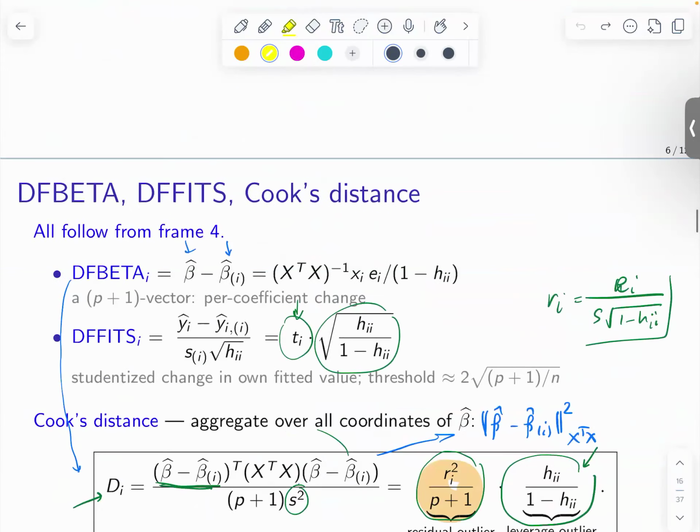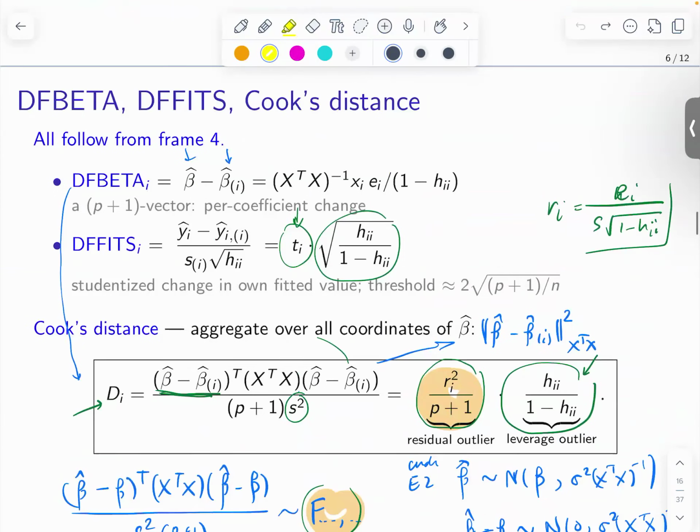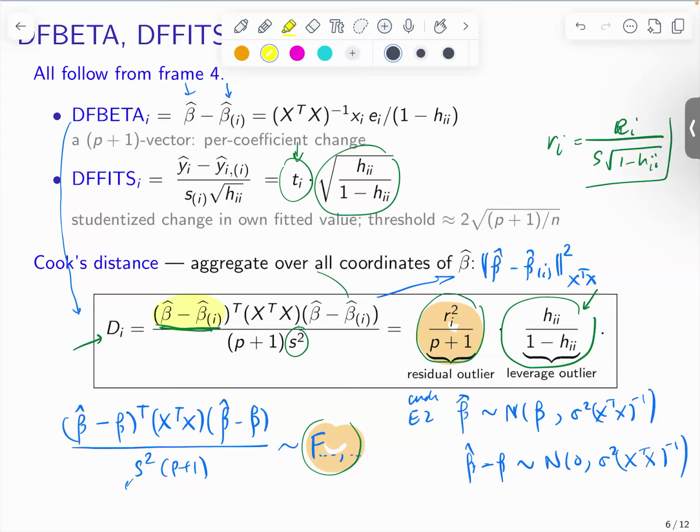There are some ways to summarize this information. One thing that people liked a lot, traditionally, is Cook's distance, which tries to capture the deviation between beta hat and beta hat minus i in a single number.